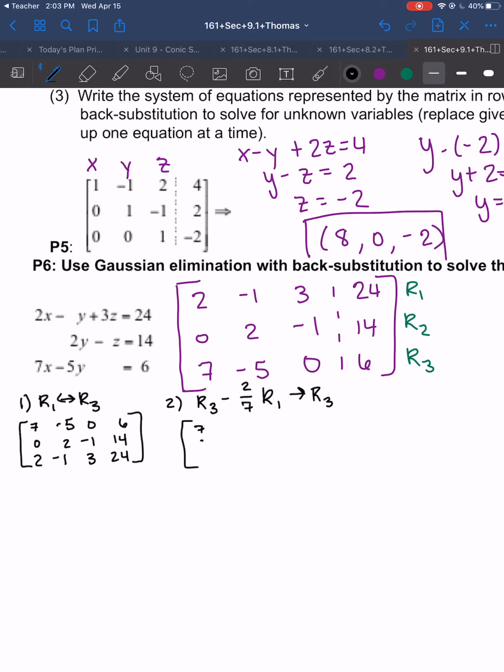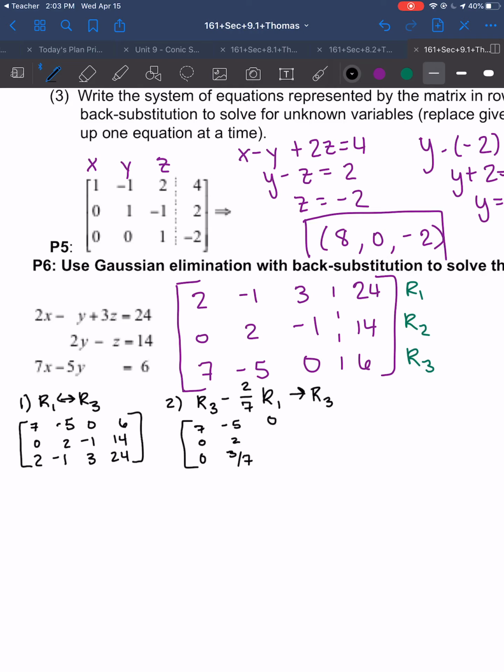So 7, 0, 0, -5, 2 3/7, 0, -1, 3, and then 6, 14, and then 156/7.